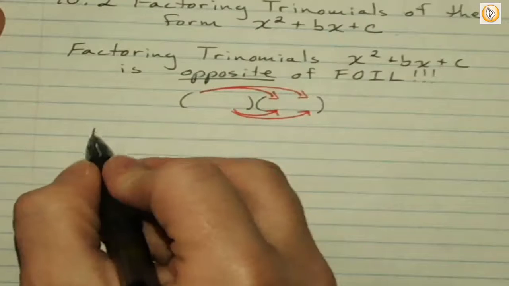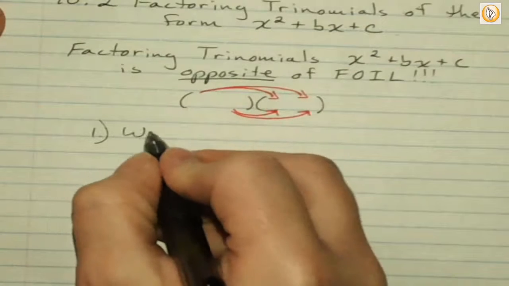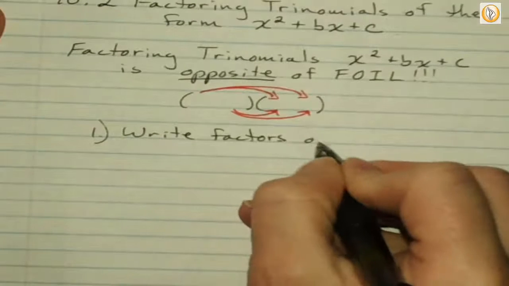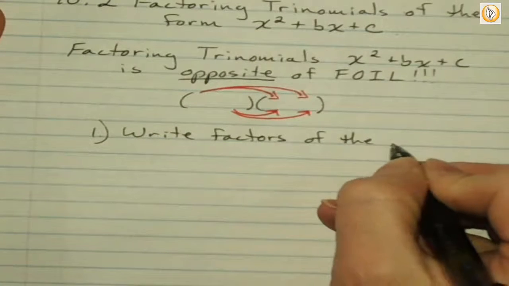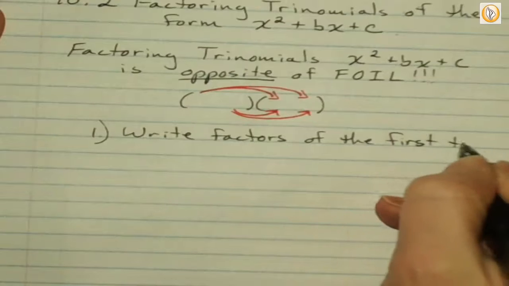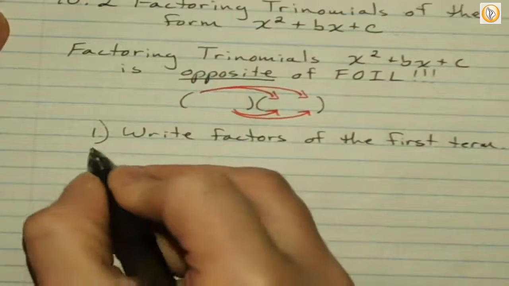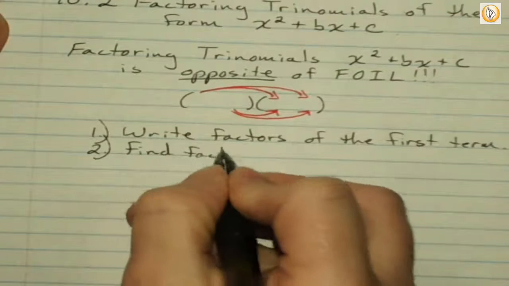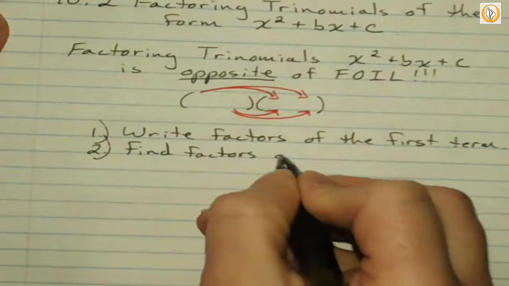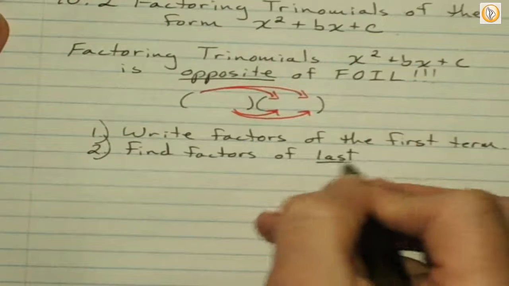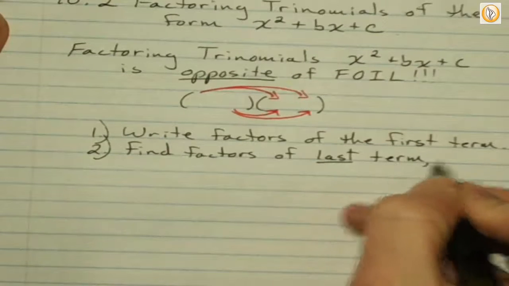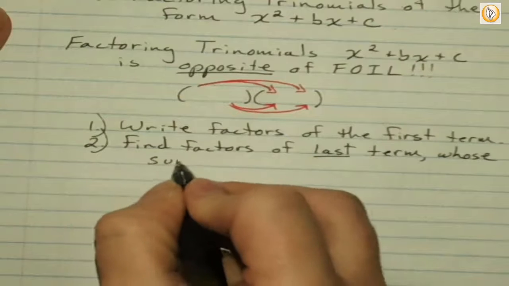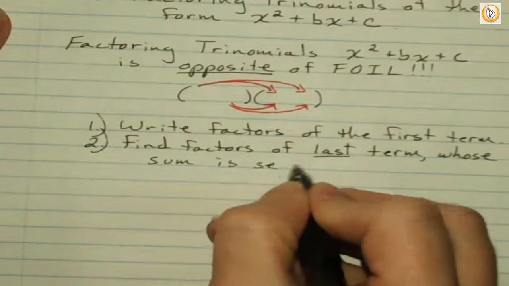All right, so step one. You write factors of the first term. Second, find factors of the last term whose sum is the second term. This is going to be fun.